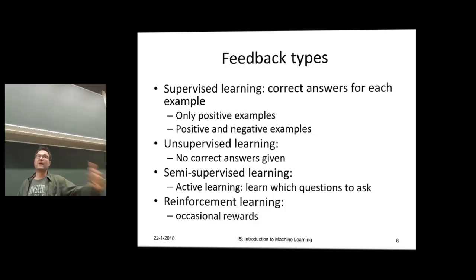There is a training set where usually humans say up front, okay, this belongs to one class, this belongs to another class, or this function has this value that you should learn. You give the computer the target, and then it learns the target automatically, and that's called supervised learning. Unsupervised learning is if you don't have that.